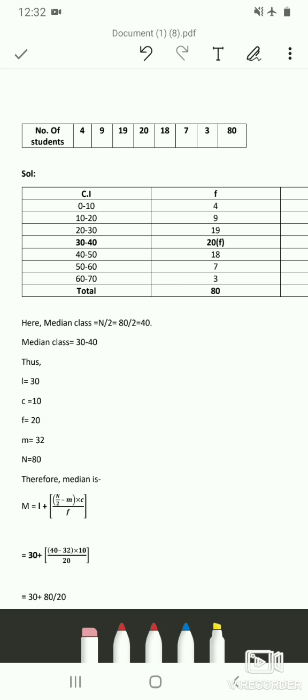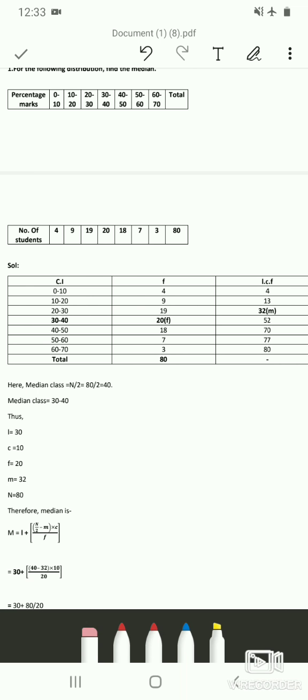In continuous case, the first step would be find out the LCF and find out the median class, and then you have to find out the values of L, C, M and all, and then you have to substitute it in the formula. So here N is 80, so N by 2 is 40.